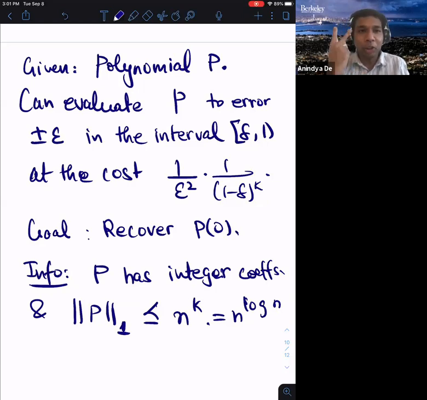Because if so, then by getting noisy evaluations of P in the interval delta to 1, you cannot figure out the constant coefficient of P.